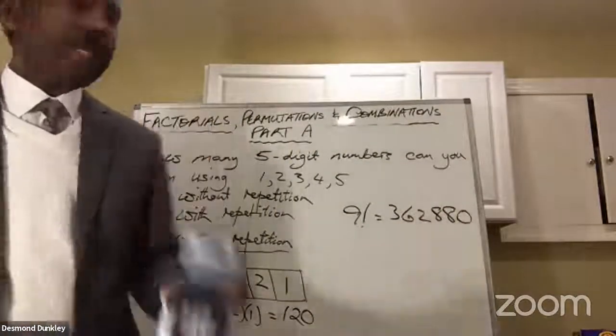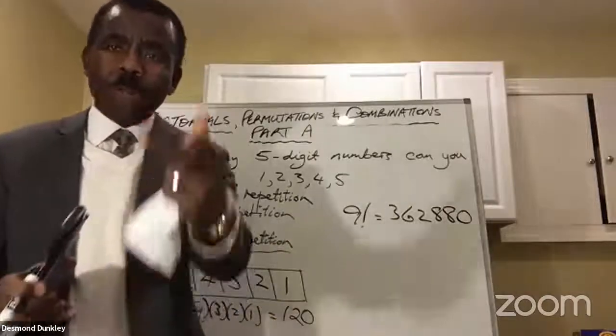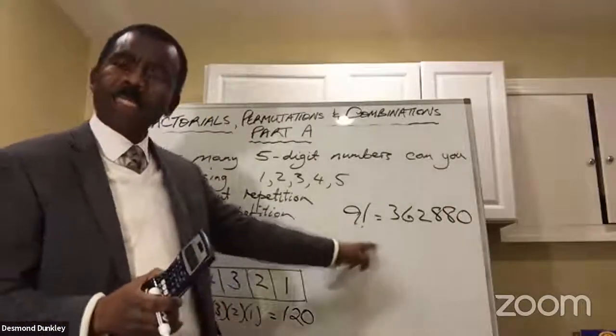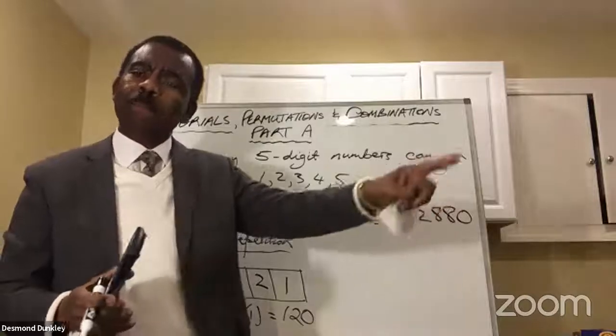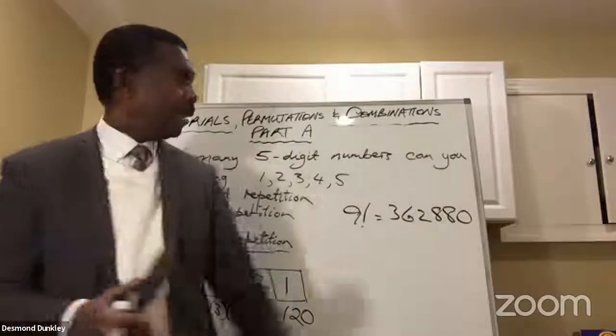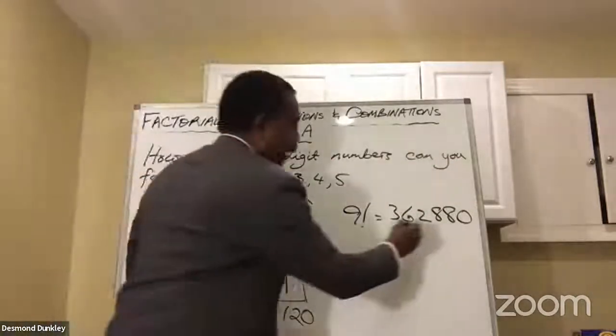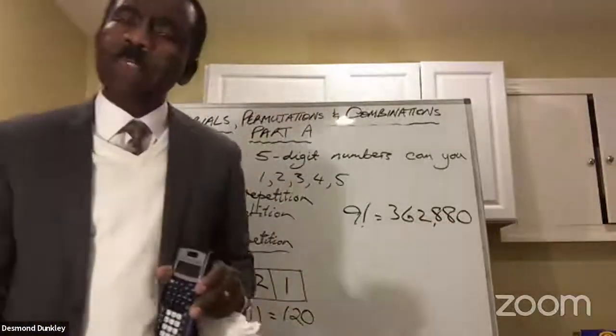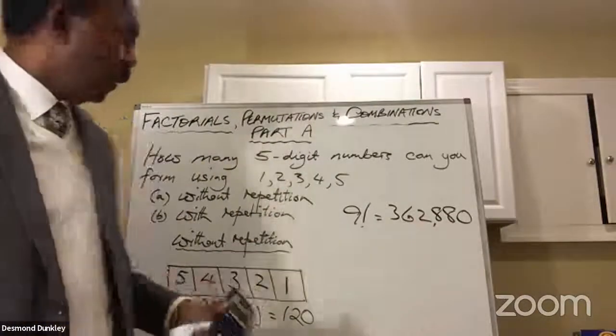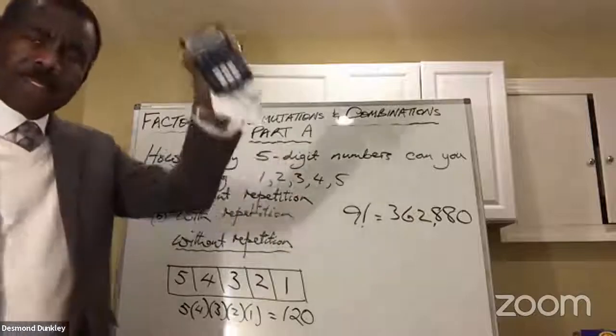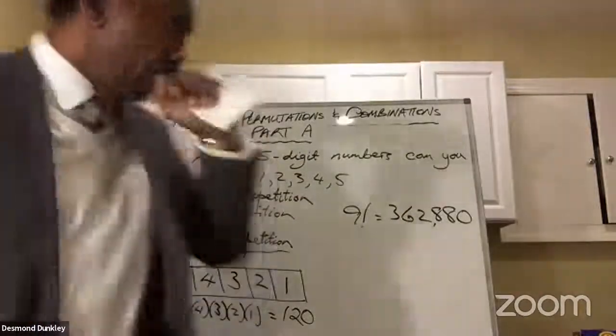See, just by using the calculator, there it is. And if you want to go and multiply 9 times 8 times 7 times 6 times 5 times 4 times 3 times 2 times 1, I guarantee you, you end up with 362,880. So if you had a question like this is what you could use.